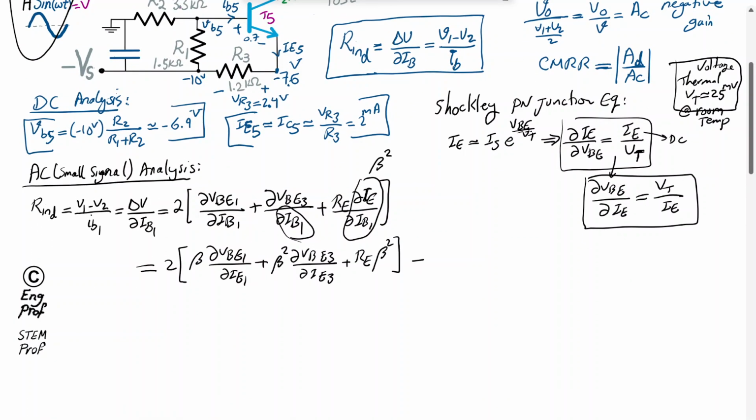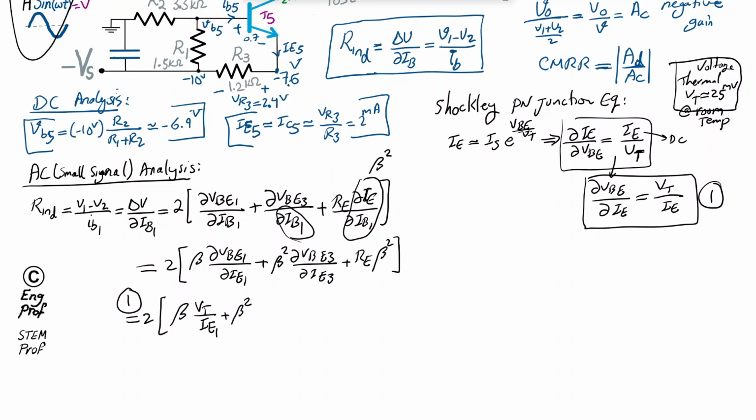Okay, so if I substitute for these, I get 2 times, and for this one I can play the same game. Here I have the Vt over IE for transistor 1. So this is for transistor 1. Therefore it's beta, using formula 1, let's say equation 1, Vt over the DC current bias of transistor 1.